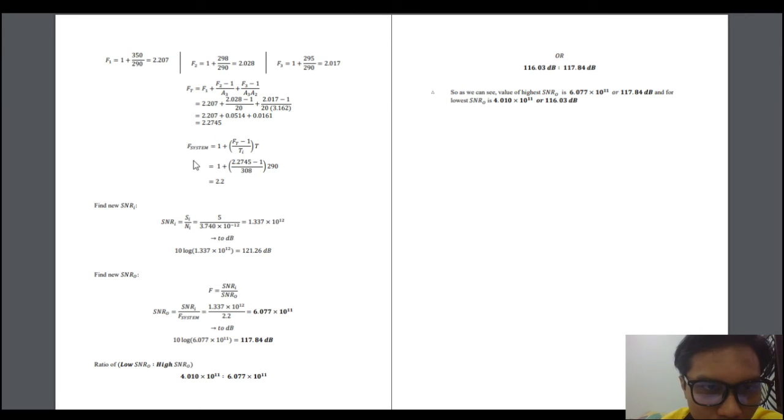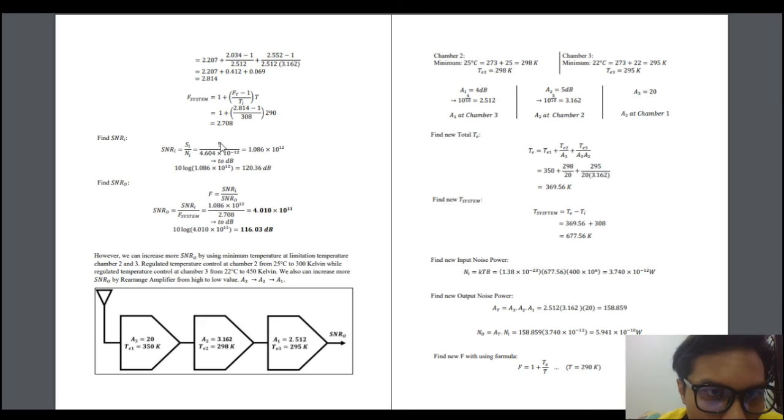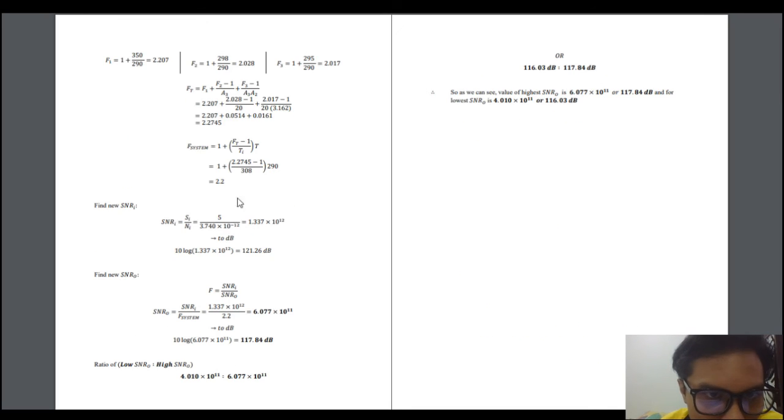For the F system, our F system is 1 plus open bracket F_T minus 1 divided by initial T close bracket T. So we get 2.2. So they're different for the calculation.